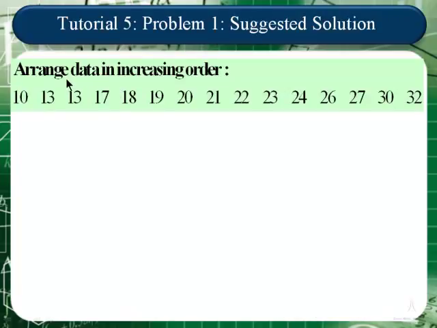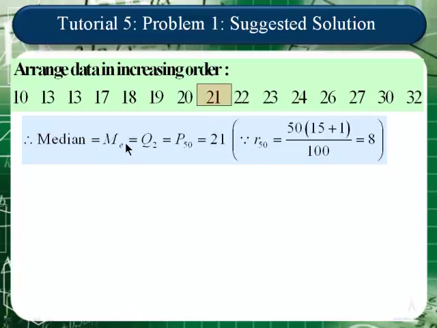Let us look at the suggested solution to problem 1 of tutorial 5, where we need to find the 5-number summary. So we arrange the data in increasing order, as here, and we determine the median. Now the median, of course, is the middle value. We can, of course, work out the rank. Remember, the median is Q2 or percentile 50.